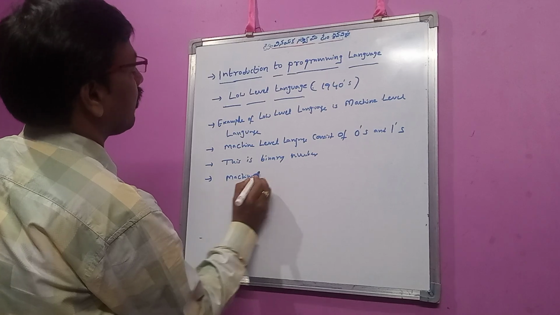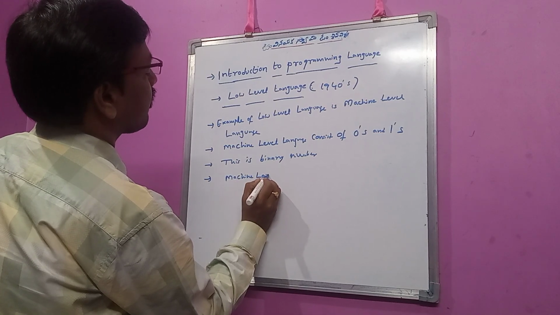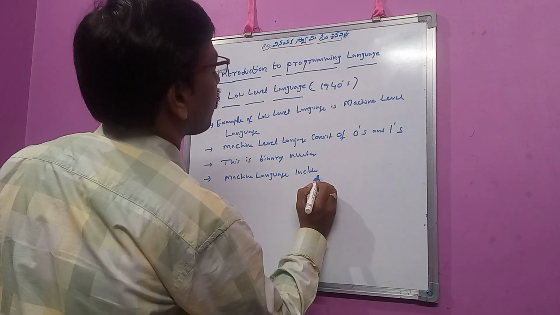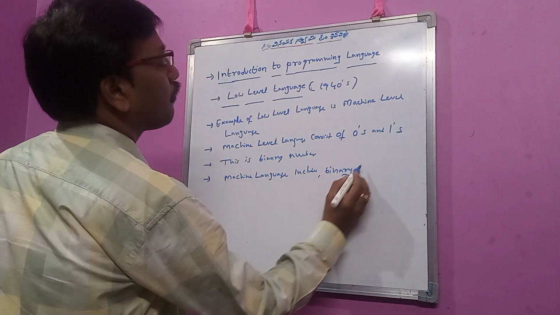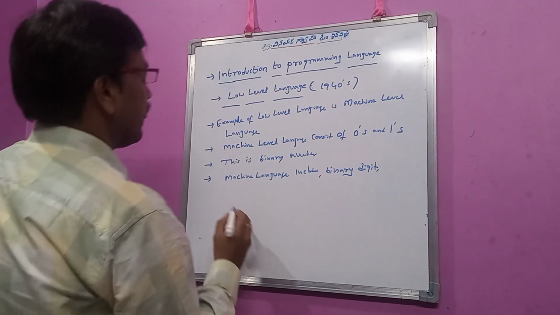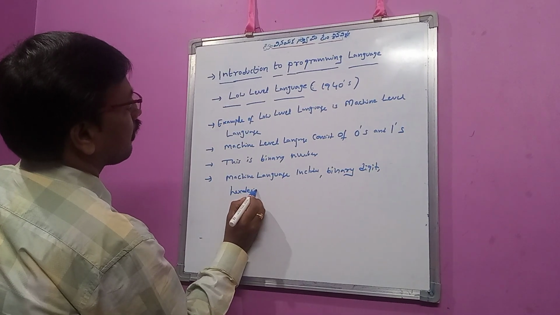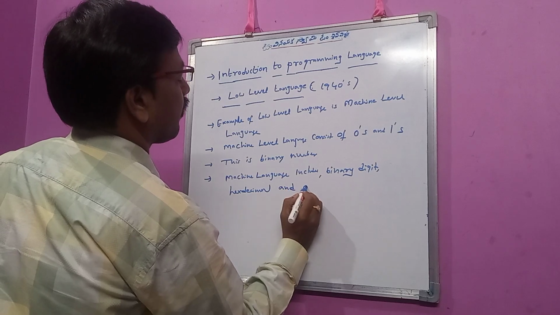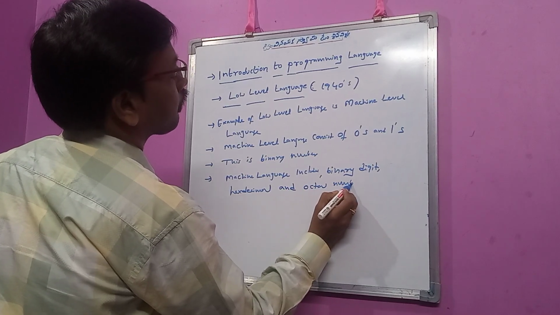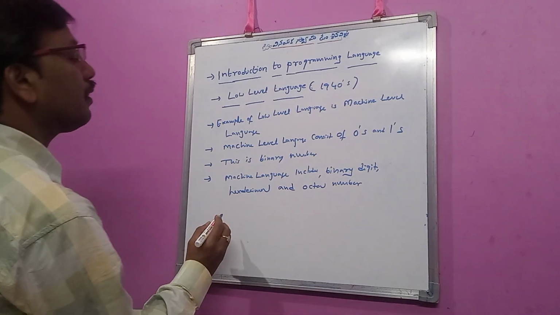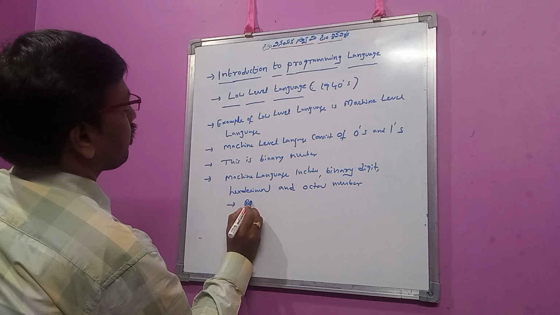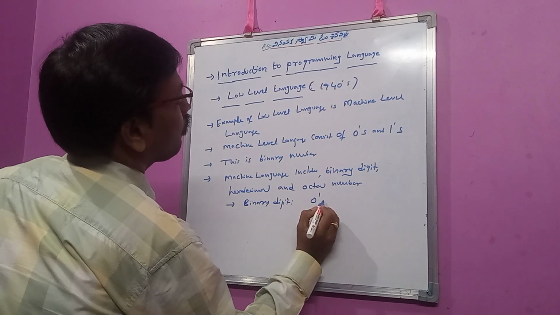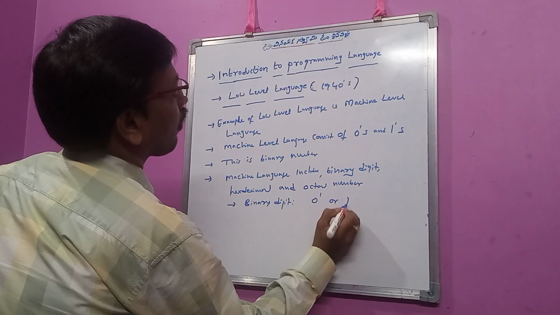Machine language includes binary digit, hexadecimal, and octal number. Binary digit is 0 or 1.